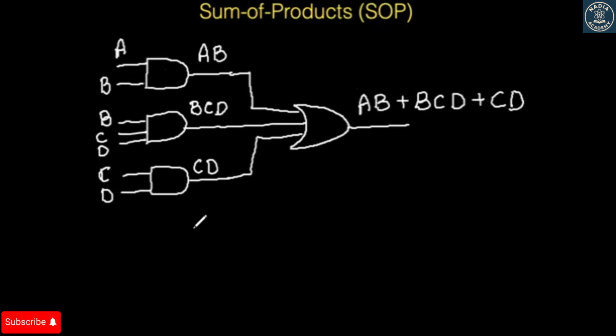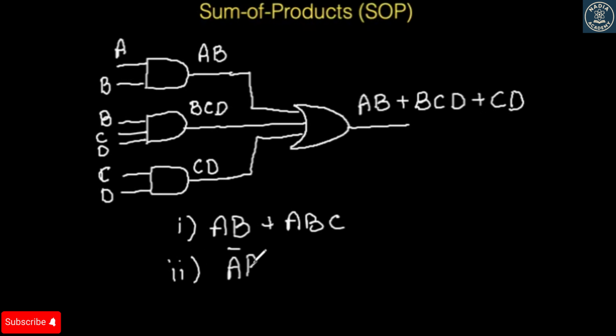Other examples of sum of products are: AB plus ABC, or A bar B plus A bar B C bar plus AC. These are different examples of sum of products.